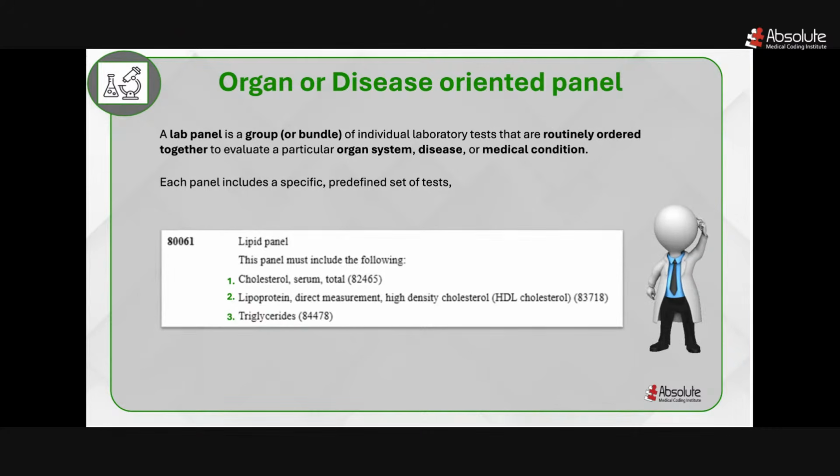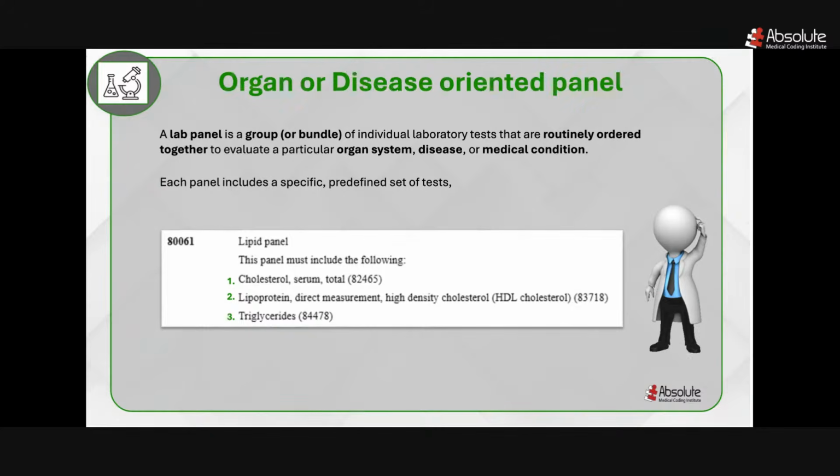Yes, there are a total of three tests included in a lipid panel. You all are absolutely correct. So remember, coders, an organ or disease oriented panel is basically a bundle of lab tests grouped together to give a clear picture of a specific organ or condition.